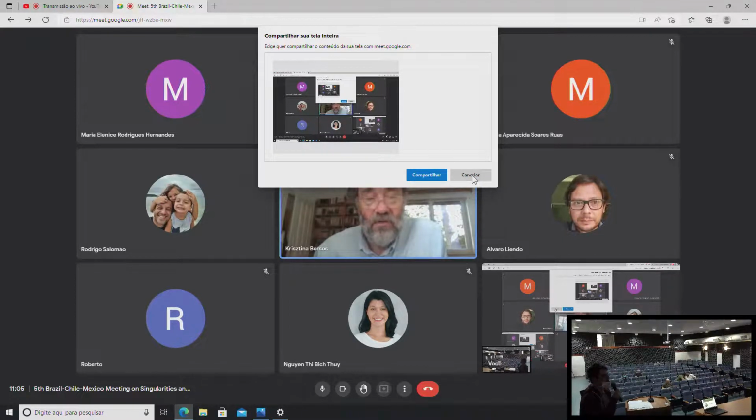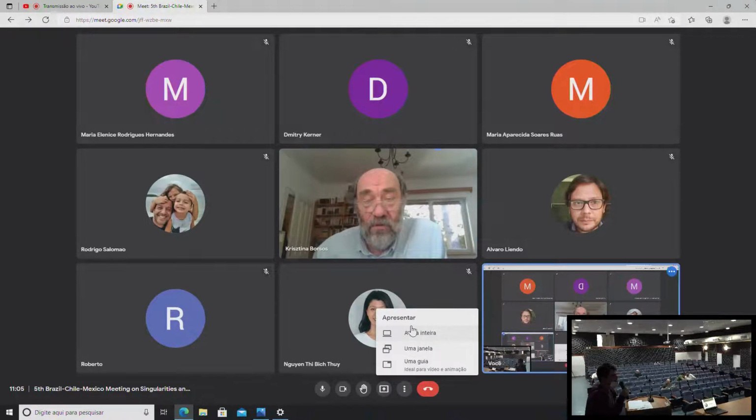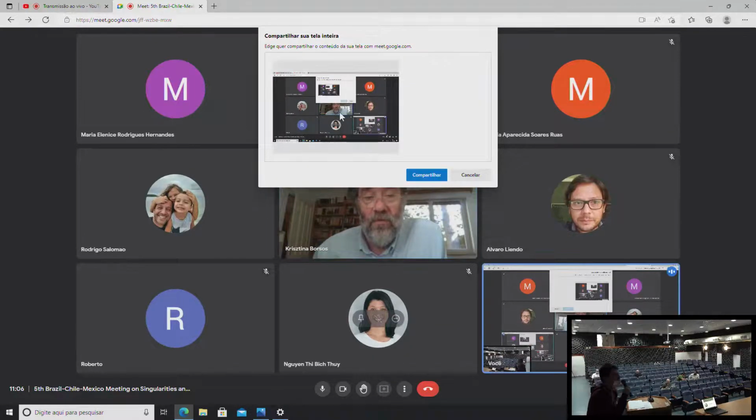I don't hear anything. So you have to press the up arrow button. Yes, and you press share full screen. You choose the full screen and click on the blue button, share. So I have this up button. I have a lot of things here.